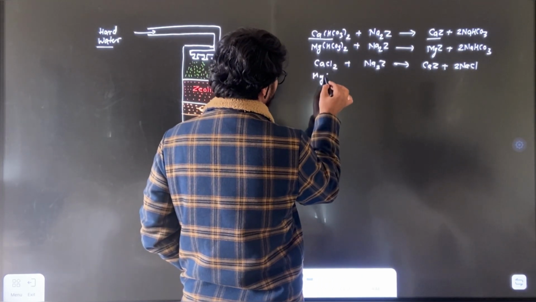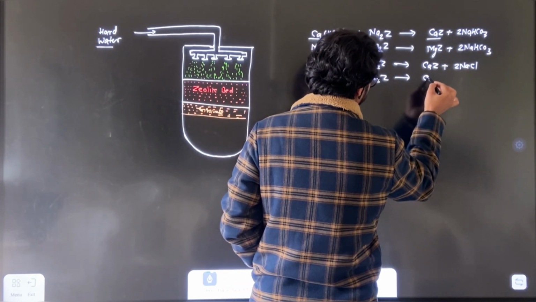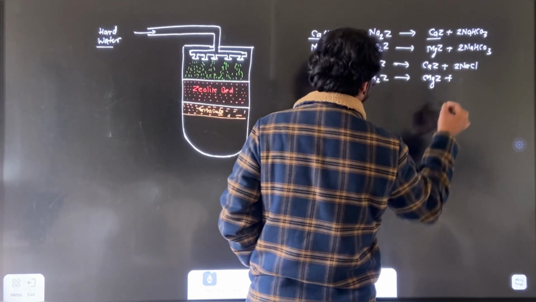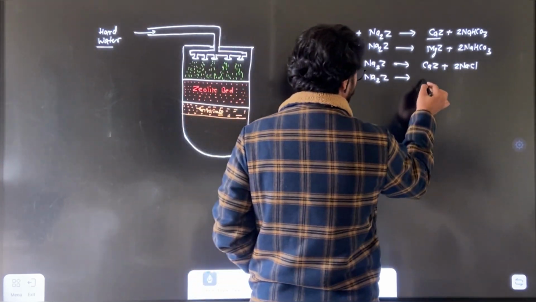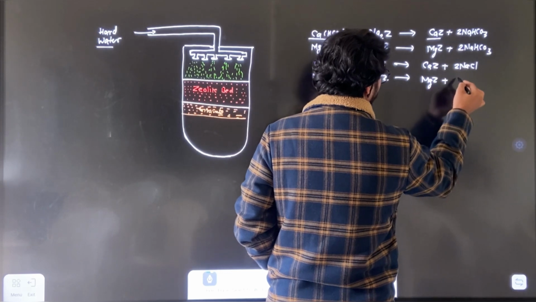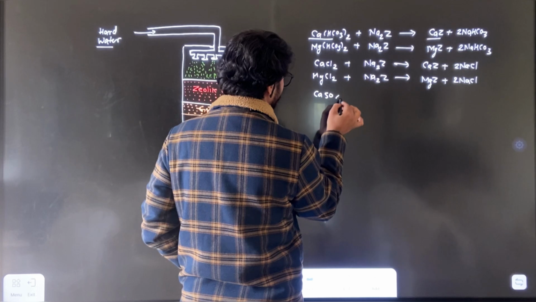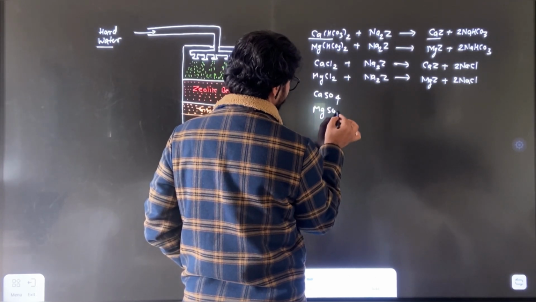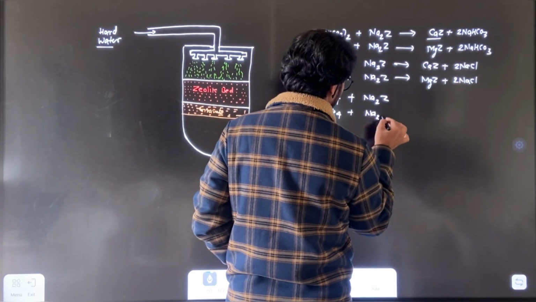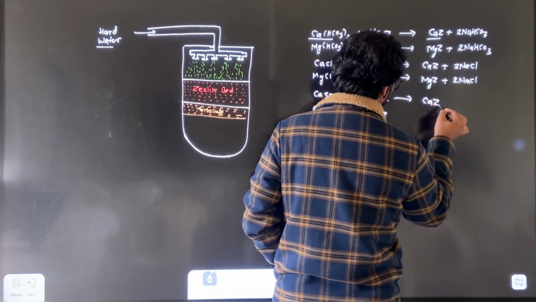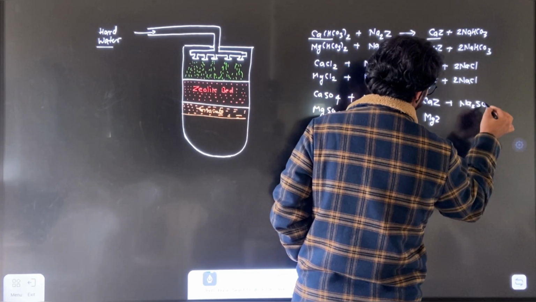If we have magnesium chloride, then similarly zeolite forms magnesium zeolite salt and 2 mole of sodium chloride, right? Similarly, if we have calcium sulfate and magnesium sulfate, then zeolite forms calcium zeolite and magnesium zeolite along with sodium sulfate.